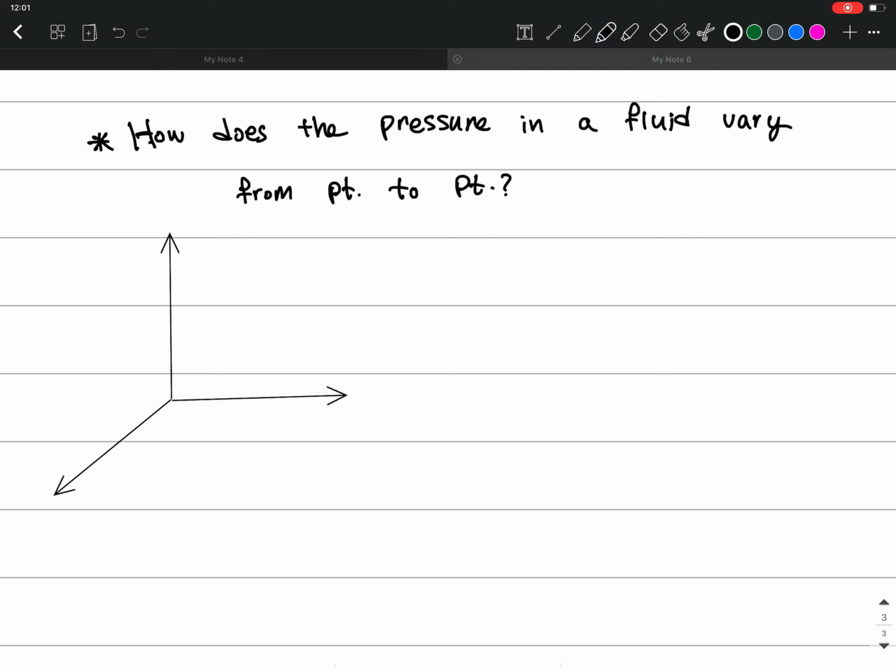Okay, so this is the X, Y, Z direction, the coordinate system. These are the unit vectors I, J, and K.